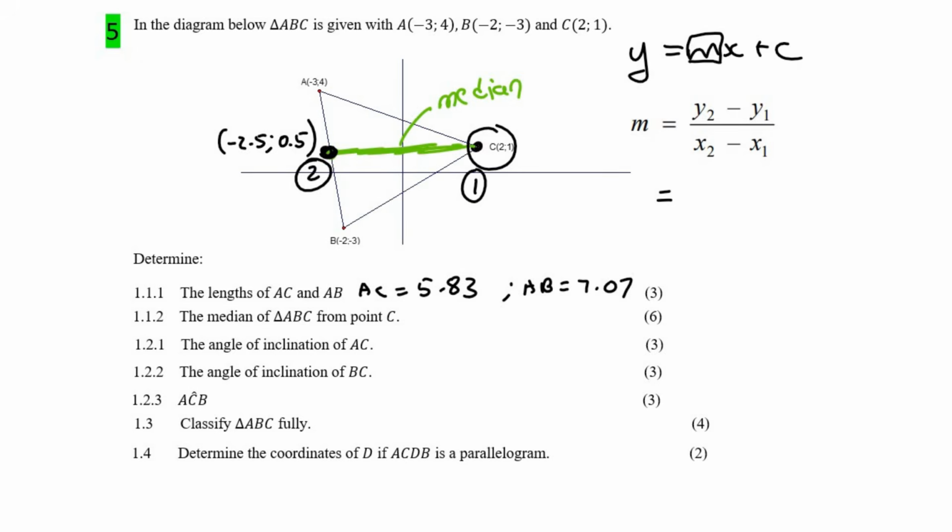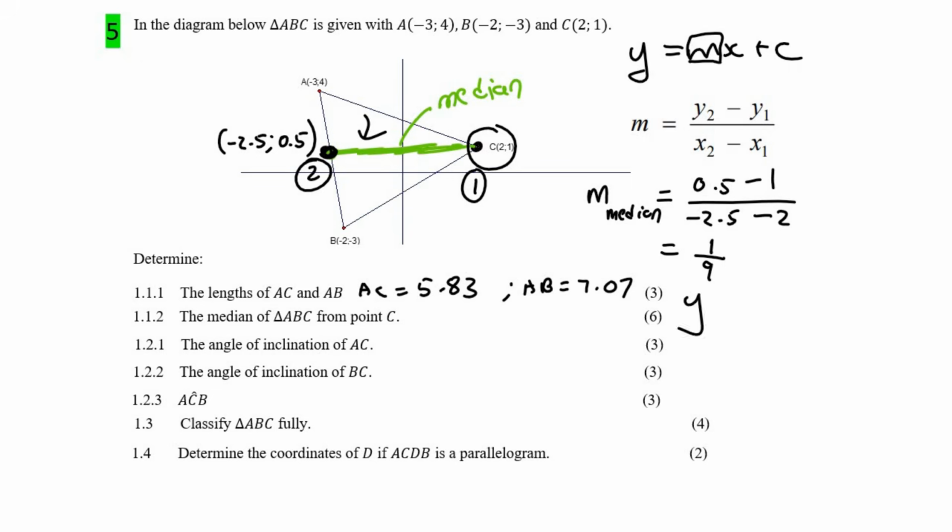And so we can just fill in the formula now because we're trying to find the gradient of, oh, we don't even have the letter. So let's just call this the median, the gradient of the median. And so that's going to be 0.5 minus 1 over minus 2.5 minus 2. Go ahead, let's calculate that. And that gives us 1 over 9.